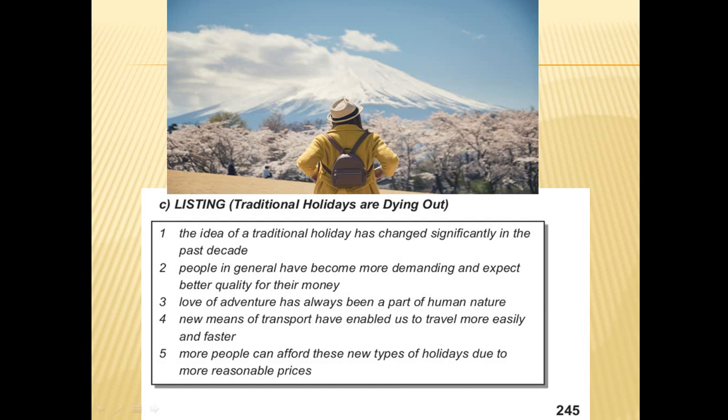Second, people in general have become more demanding and expect better quality for their money. Third, love of adventure has always been a part of human nature. Fourth, new means of transport have enabled us to travel more easily and faster. And last, more people can afford these new types of holidays due to more reasonable prices.